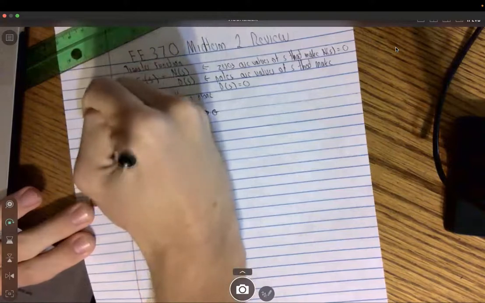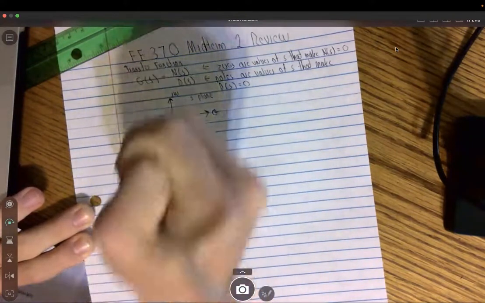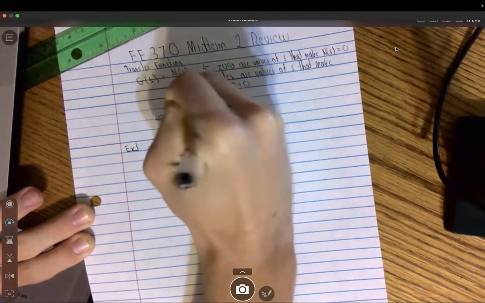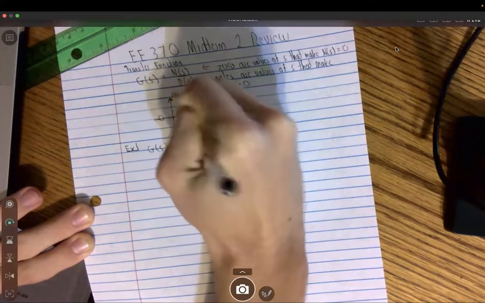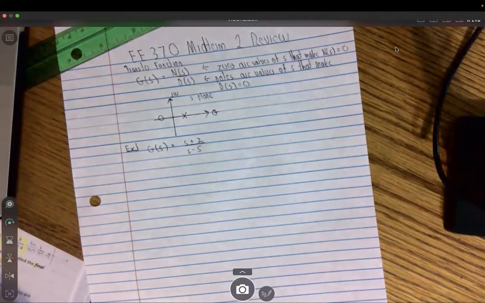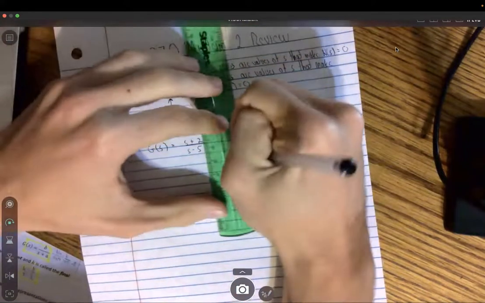So for our example, we're going to be given the transfer function G of s is equal to s plus 2 all over s minus 5. And we want to plot the poles and zeros of this. So in order to do that, we're going to draw our pole-zero plot.